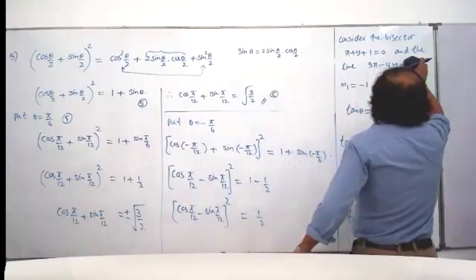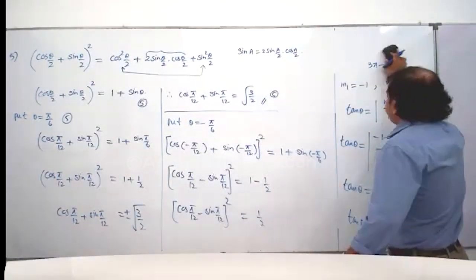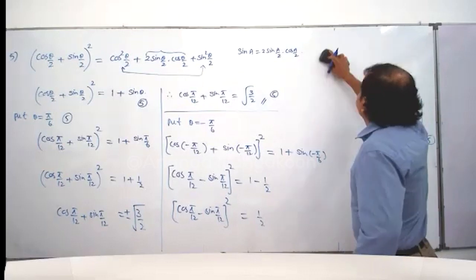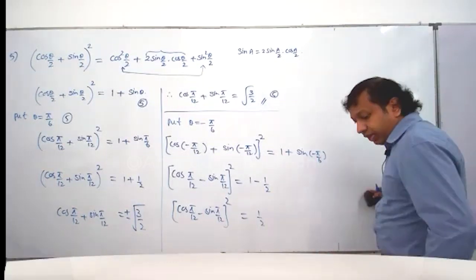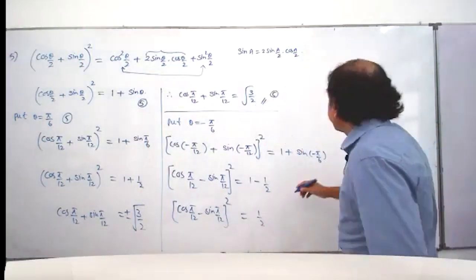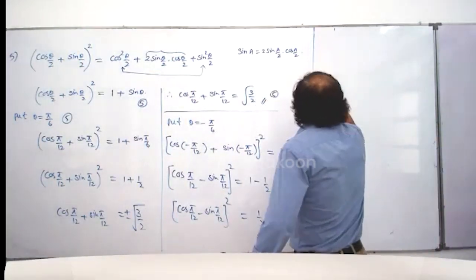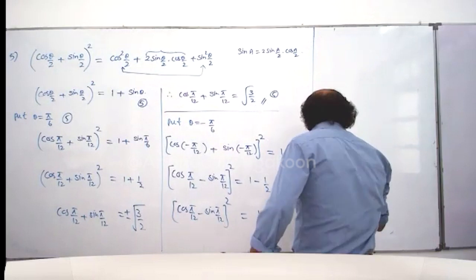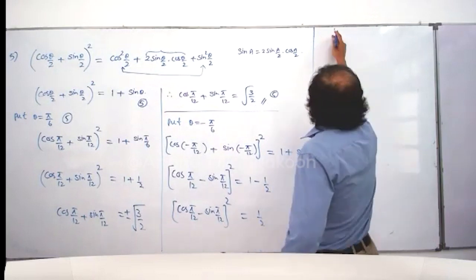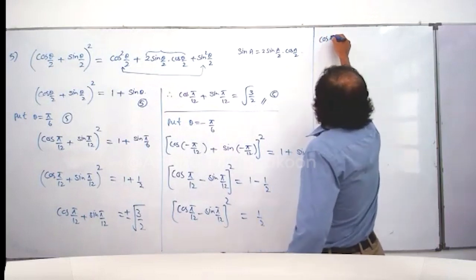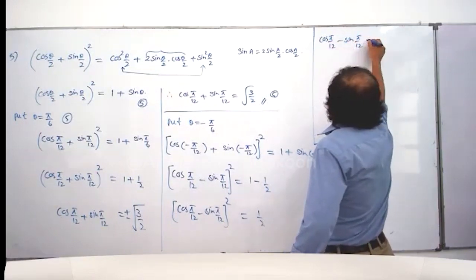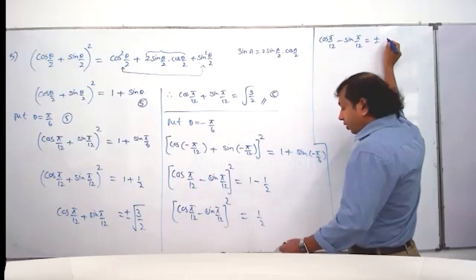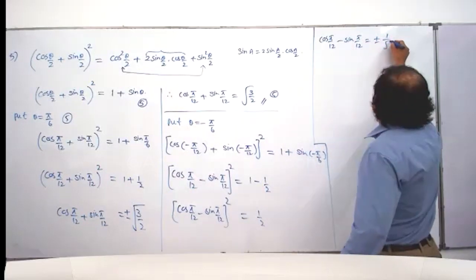Now we can take the square root on the right hand side. When you take the square root, what do you get? Cos pi by 12 minus sin pi by 12 is equal to plus or minus, square root on the right hand side is 1 over root 2.